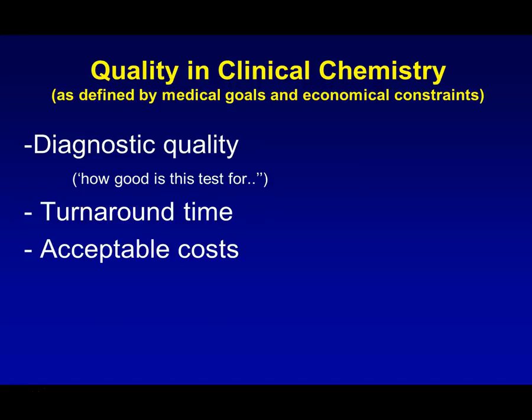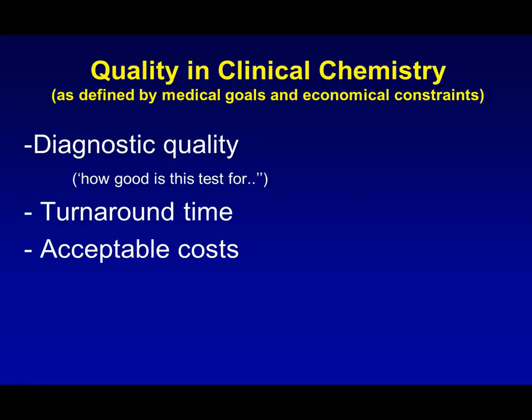As you see in the movie, quality in clinical chemistry is both diagnostic quality, or how good is this test for the determination of a disease, but also turnaround time and acceptable costs. In the movie, it was visible that the turnaround time for the infection parameters is relatively quick.